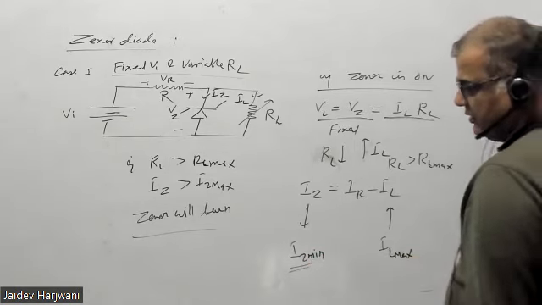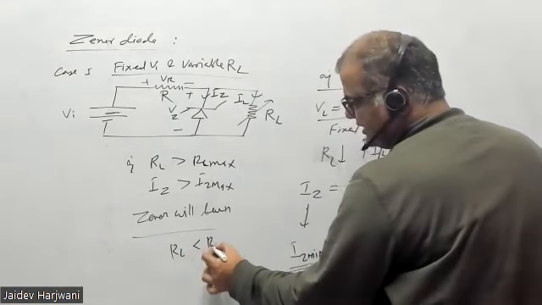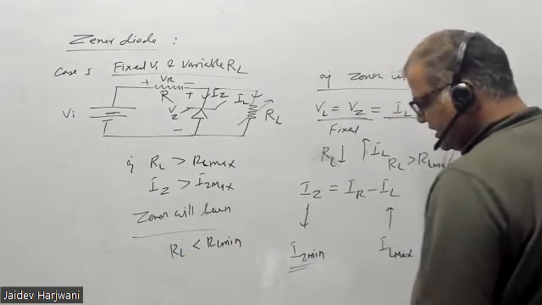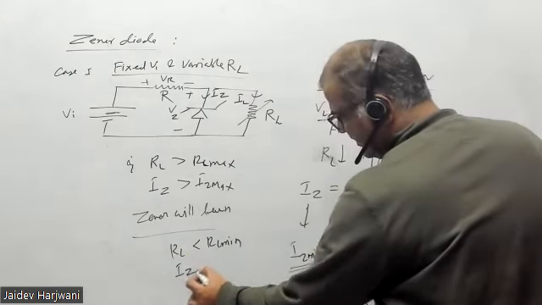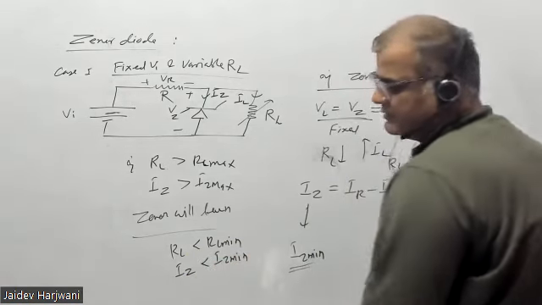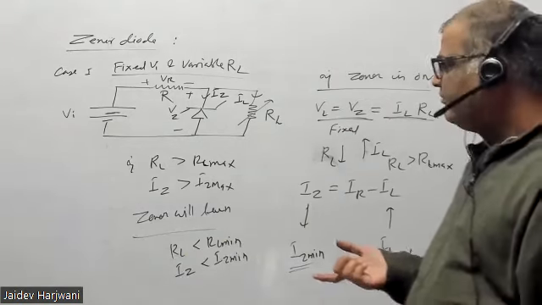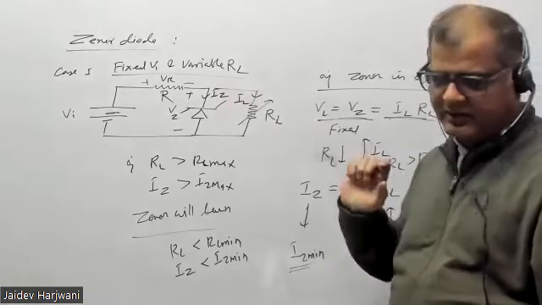Okay, so if RL is less than RL minimum, in that case what will happen? Your IZ will become less than IZ minimum, and the Zener diode will not conduct. It will come into the open circuit, because in that case the voltage here will not be equal to VZ.